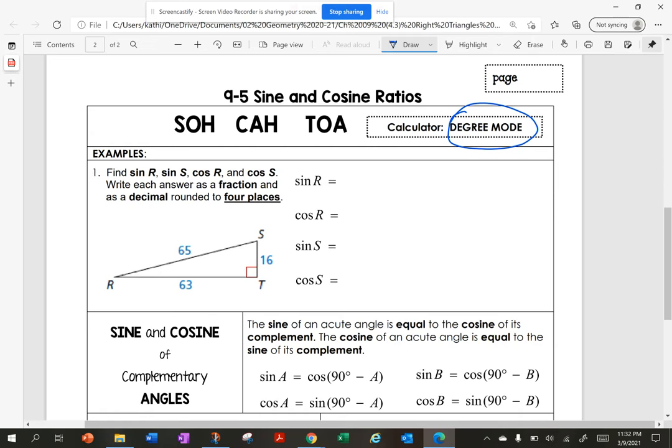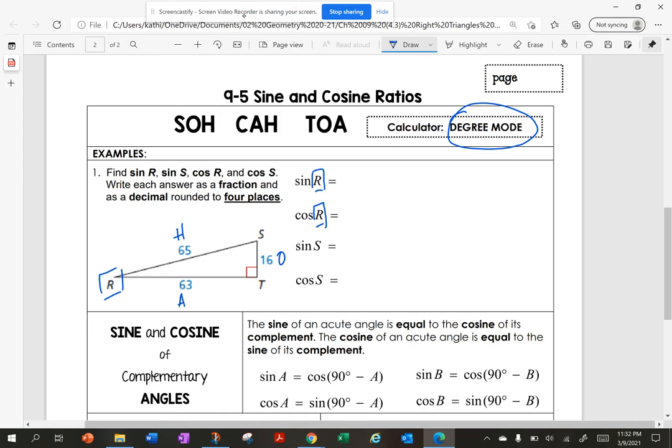So I want to find the sine of R, sine of S, cosine of R, and cosine of S. We want to write it as a fraction and as a decimal rounded to 4 decimal places. So if I have R as my reference angle, I would label my hypotenuse, opposite, and adjacent.